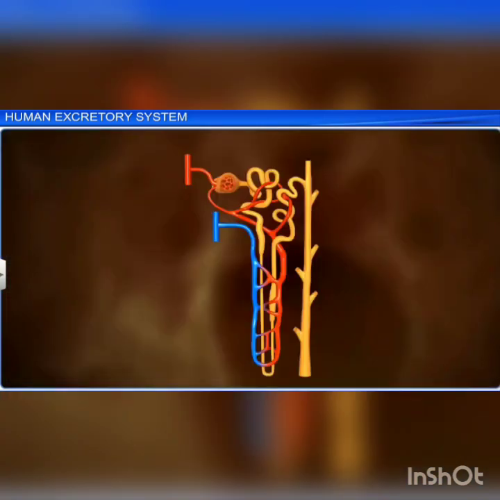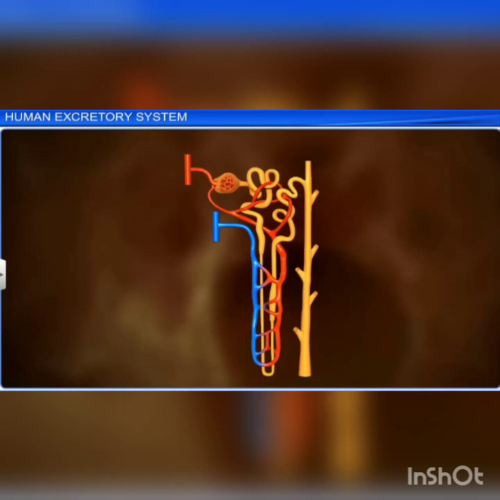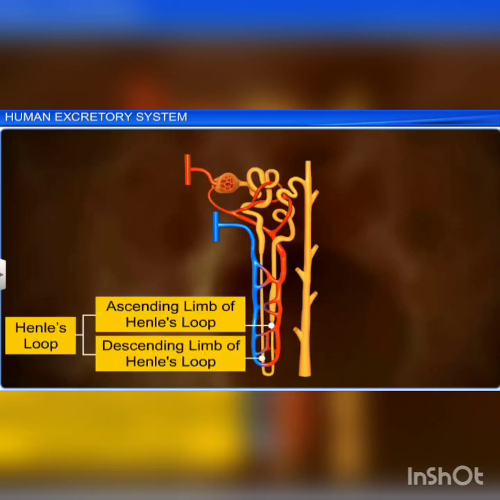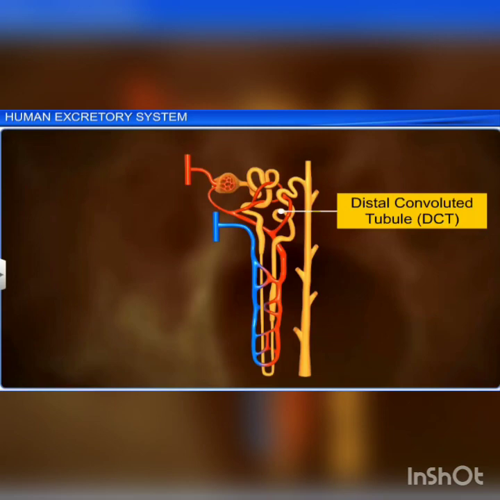The Bowman's capsule opens into the proximal convoluted tubule, a highly coiled structure, and is followed by a hairpin-shaped loop called Henle's loop. Henle's loop has a descending limb and an ascending limb. The ascending limb opens into the distal convoluted tubule, which is also a highly coiled tubular structure.